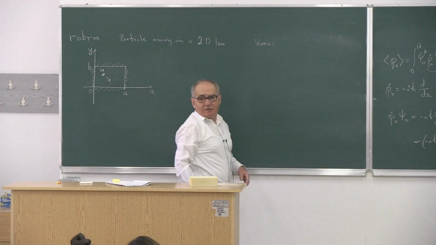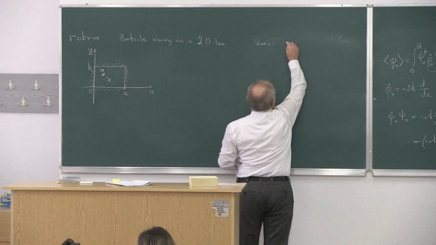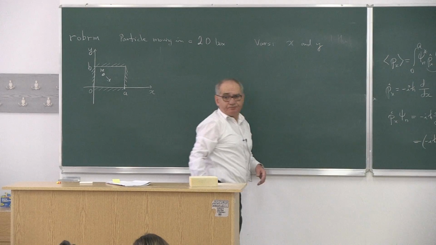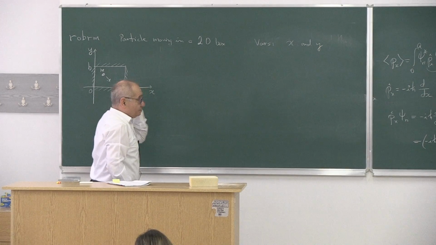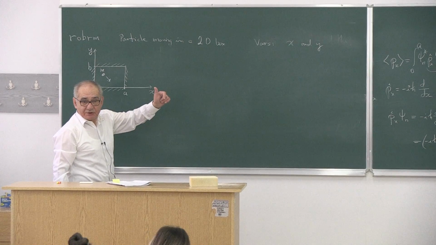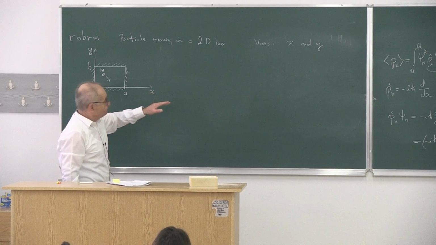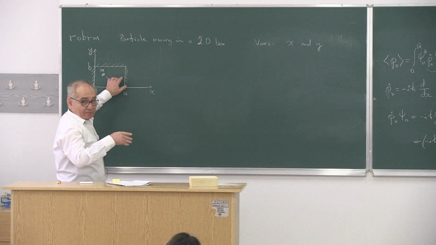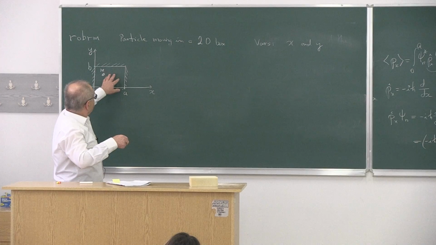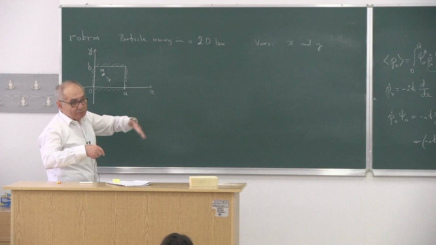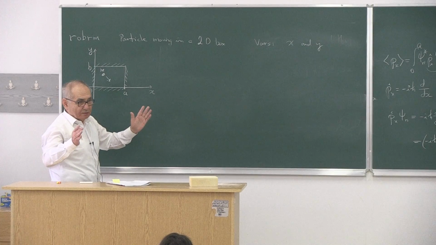Variables of the particle are x and y. X and y are independent variables, all right? Please note that by definition, probability of finding the particle outside of the box is 0. We know it, right?